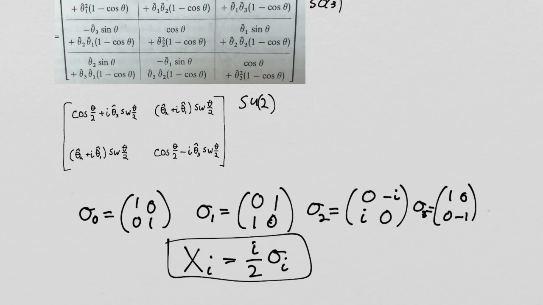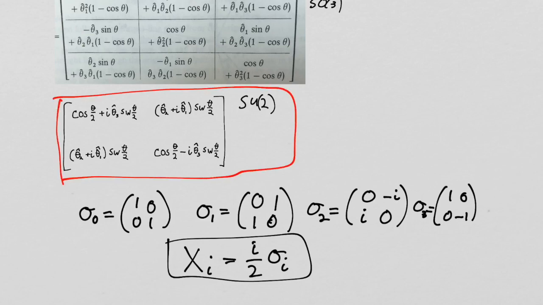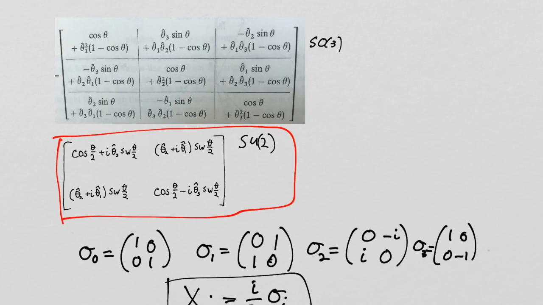Then we took a bunch of algebra and we ended up with this expression for SU(2). And for SO(3), we used a totally different set of basis matrices that were three-dimensional. They were a three-dimensional representation of the same Lie algebra.